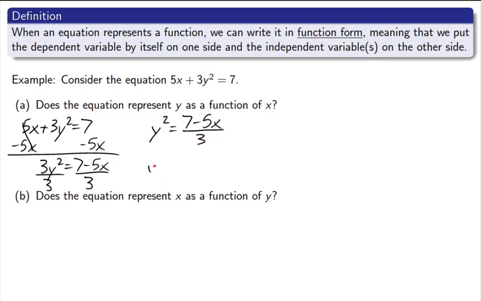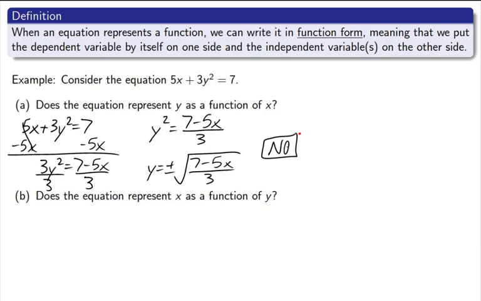When I take a square root, I'm again going to get plus or minus the square root of (7 minus 5x) over 3. Now we don't like this, because again there's a plus or minus, so rather than write all the words again, let's just say no, it's not. We can see that in order to solve for y, you end up having to get two values for y every time you plug in a value for x, pretty much.